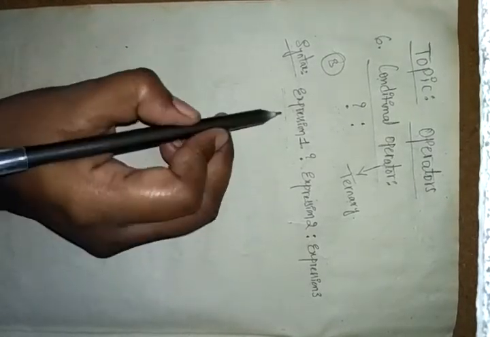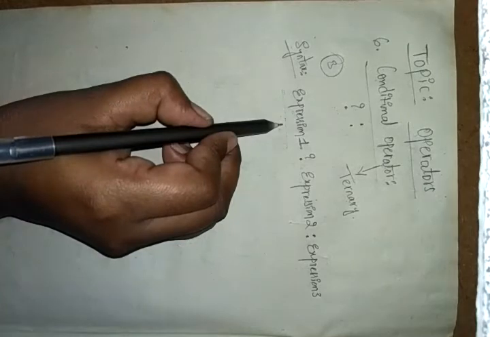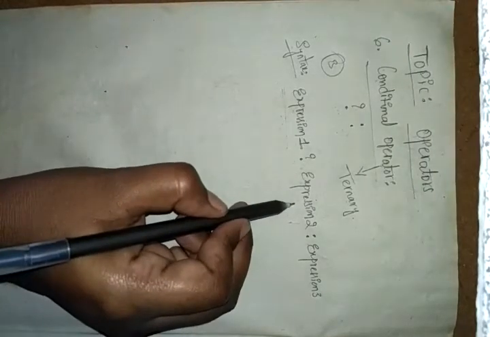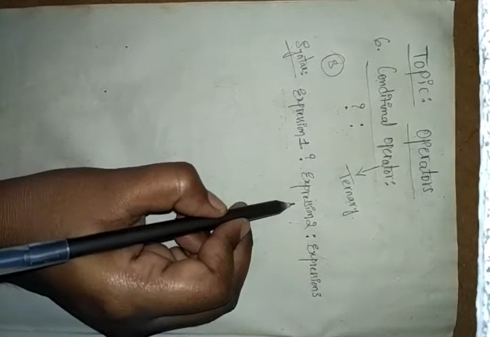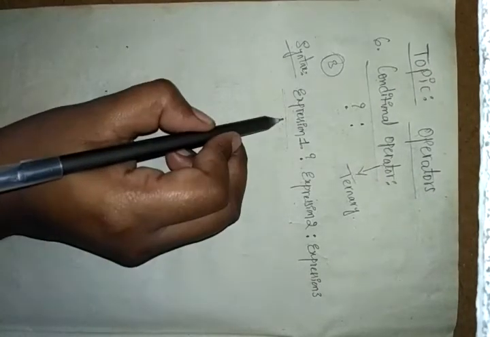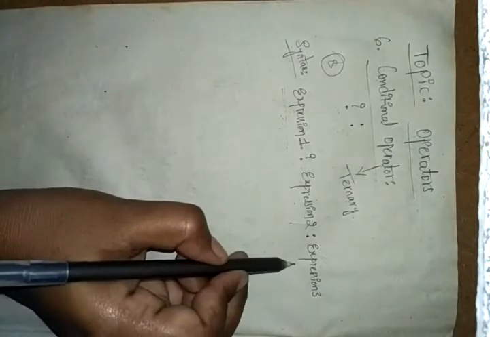If expression 1 is true, it displays expression 2. Or else, if expression 1 is false, it goes directly to expression 3.